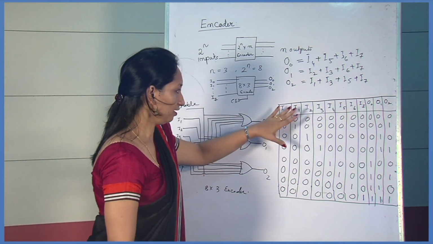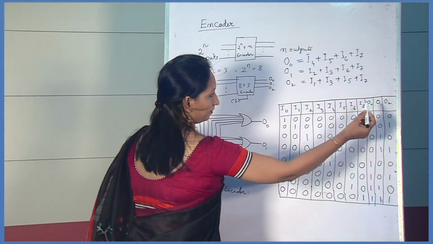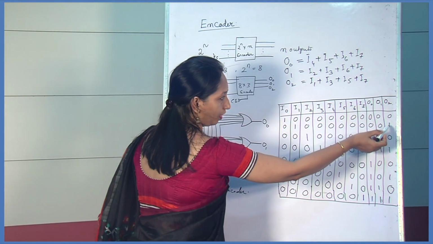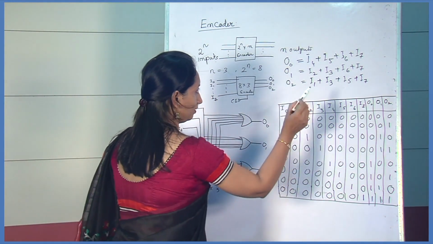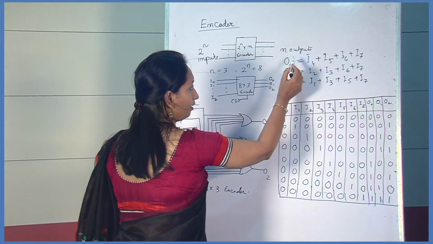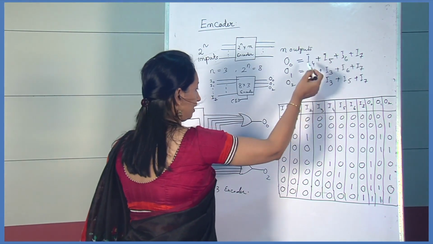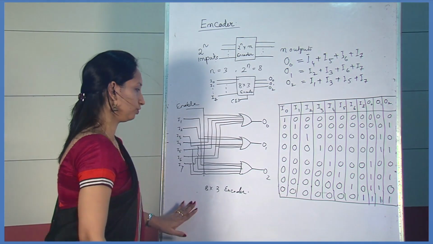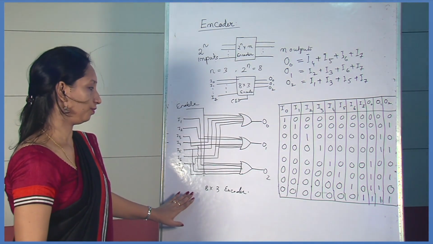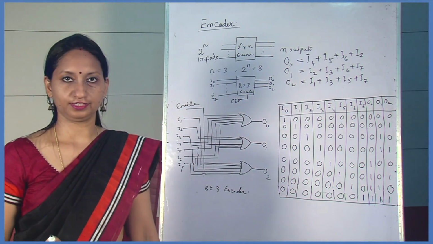So accordingly this truth table has been drawn, and when the output is 1 we have checked the inputs. So when output O0 is high, these inputs are high. So we have combined them, added them, and then we get the 3 outputs. So this is the logic diagram of the 8x3 encoder. Next we will see the decoder circuit.